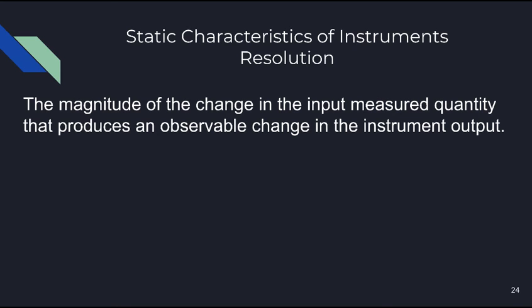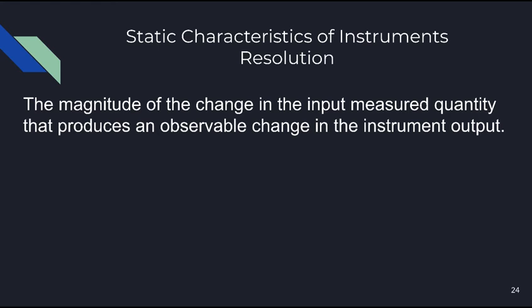When an instrument is showing a particular output reading, there is a lower limit on the magnitude of the change in the input measured quantity that produces an observable change in the instrument output. Like threshold, resolution is sometimes specified as an absolute value and sometimes as a percentage of the full-scale deflection. One of the major factors influencing the resolution of an instrument is how finely its output scale is divided into subdivisions.